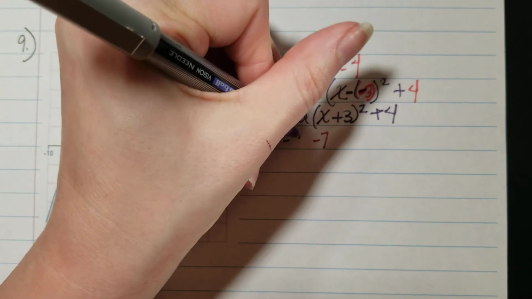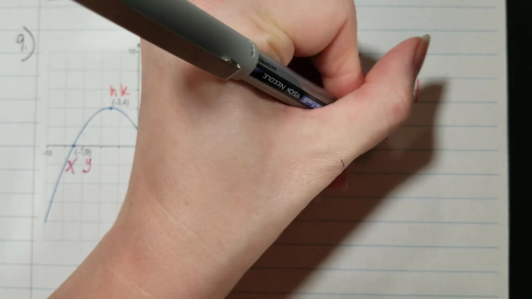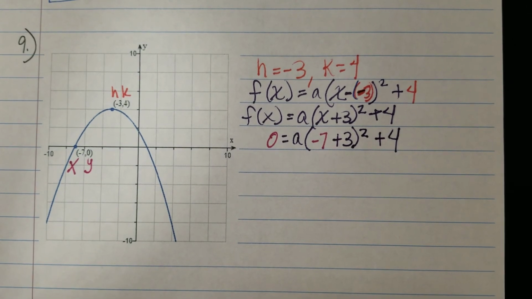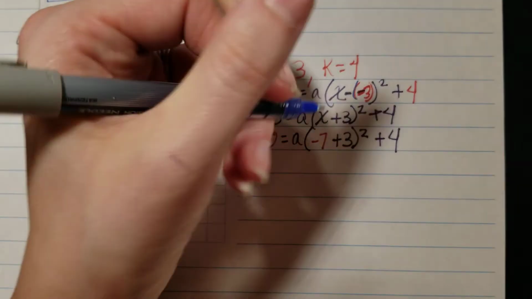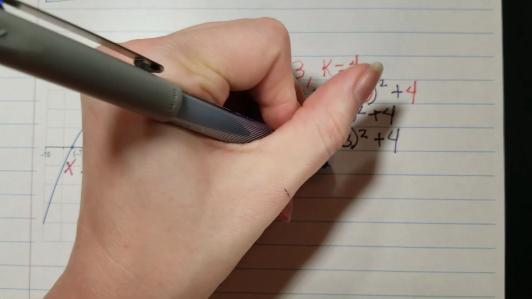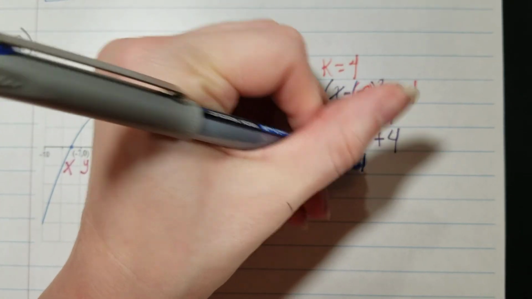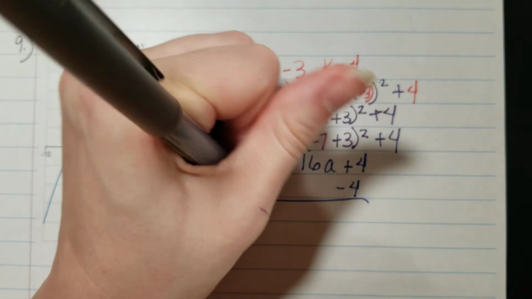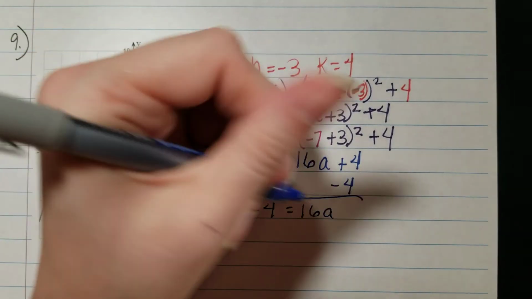So 0 equals a times -7 plus 3 squared plus 4. -7 plus 3 is -4. -4 squared would be +16, so 16a. So 0 equals 16a plus 4. Subtract 4 from both sides, so -4 equals 16a.